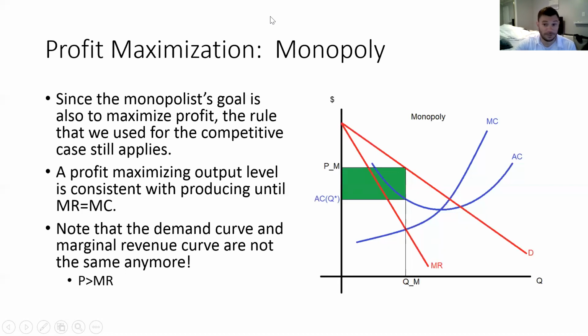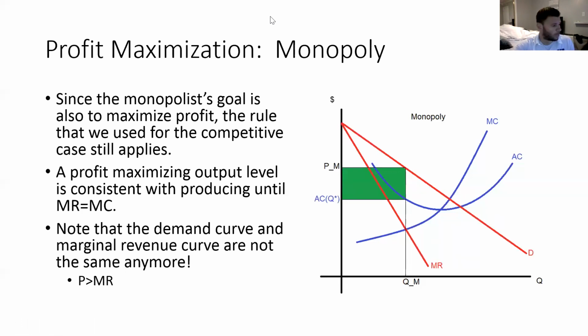If the firm is making zero profit in the short run, then it will also make zero profit in the long run, again, because no entry is going to occur. So the long run and short run picture for the monopoly are more or less the same. And we don't have to really worry too much about any entry occurring because we've assumed away the mechanism by which entry can occur. We assume that there are barriers to entry keeping firms out.